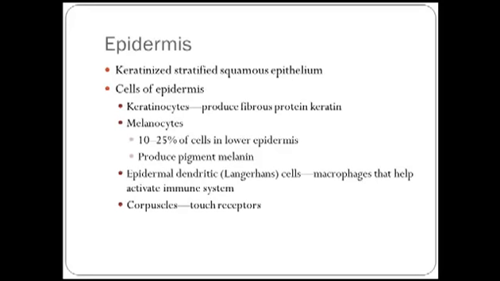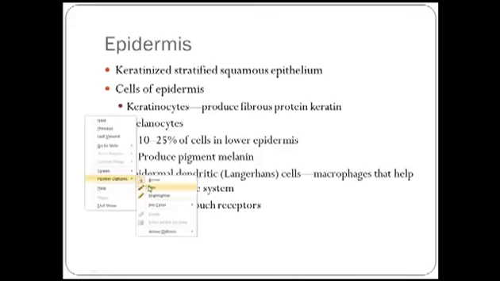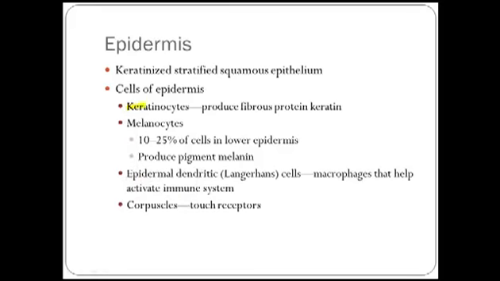Within the epidermis we're going to have a couple different cell types that we're going to find. We're going to have keratinocytes and melanocytes. So we said that your cells are keratinized. So keratinocytes produce something called keratin.